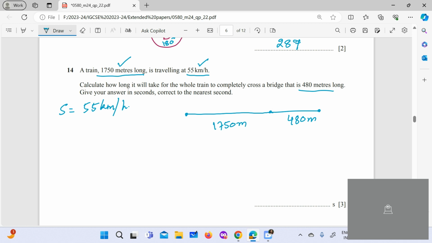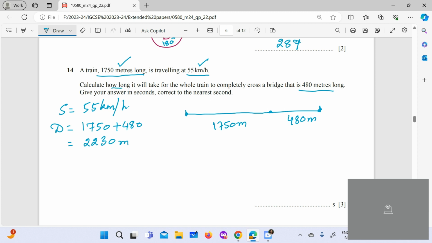Okay, now the train has to cross the bridge completely, means from this point to this point it has to cover this distance. It means your distance is 1750 plus 480, that will be 2230 meters.